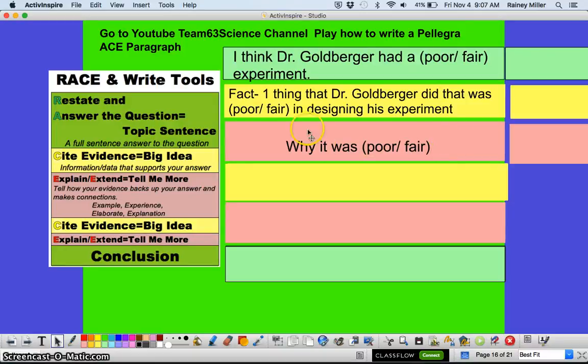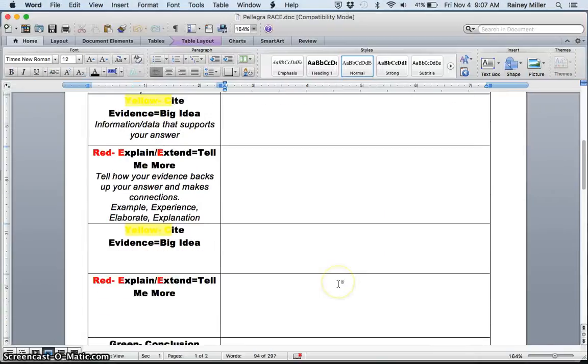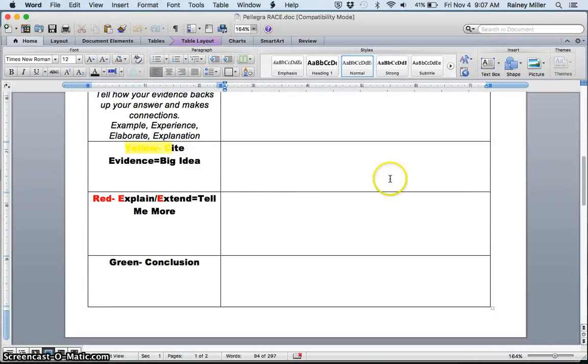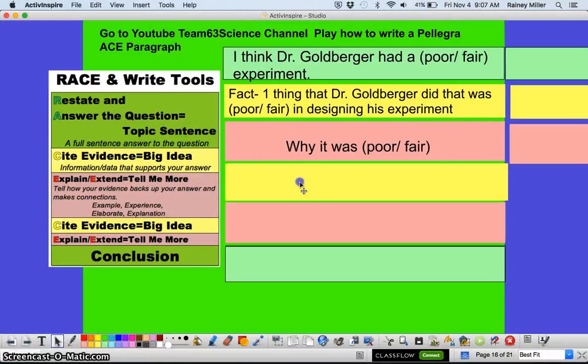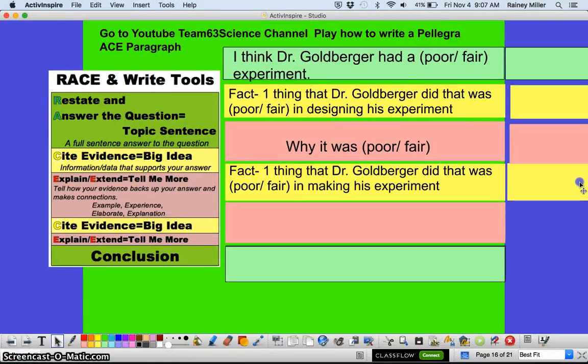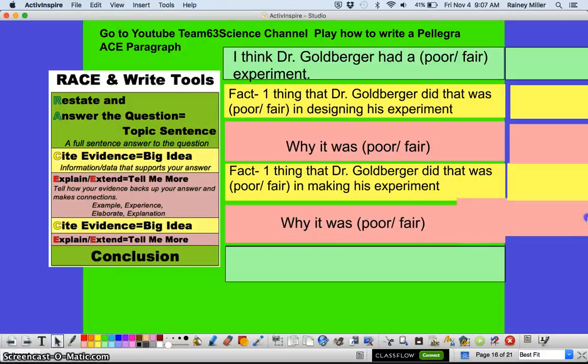So you kind of explain it out more. Then what you're going to do is you're going to go to the next one. That's another cite evidence. And for that one, you're going to have one thing Dr. Goldberger did that was poor or fair in making an experiment. Gee, that sounds familiar, doesn't it? So you're basically doing the same thing over again. You're giving another piece of evidence, and then you're explaining that piece of evidence.